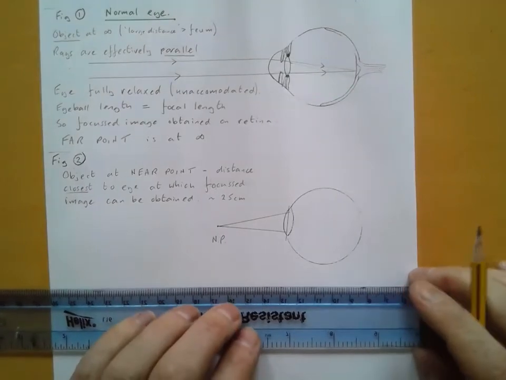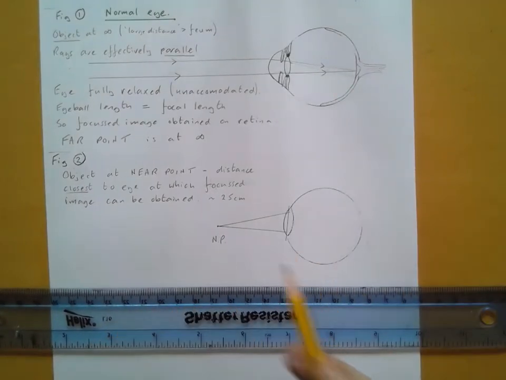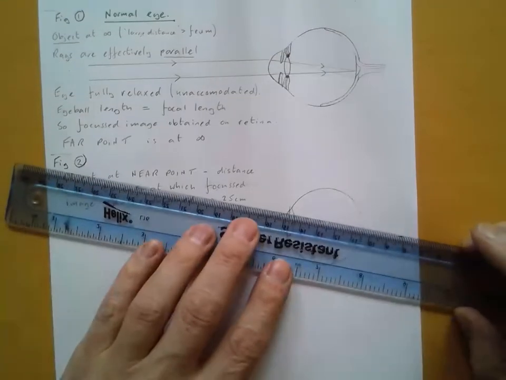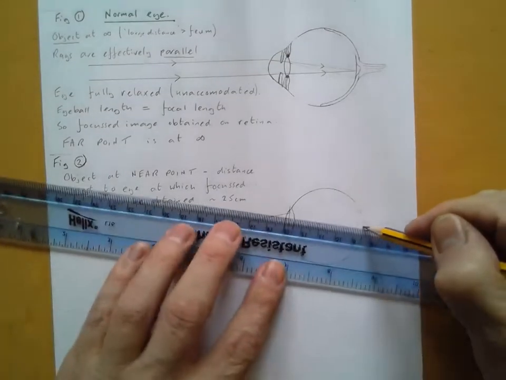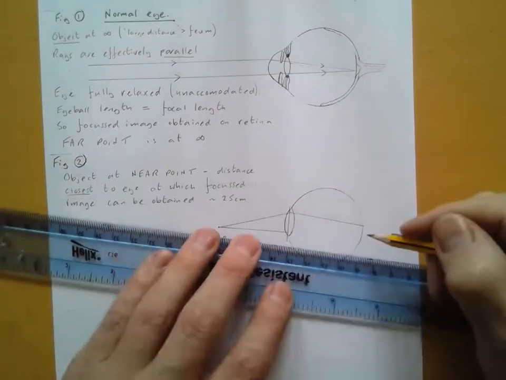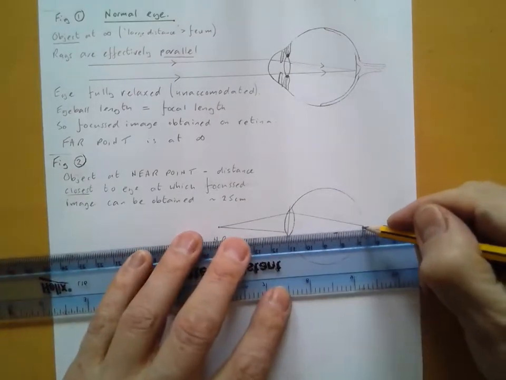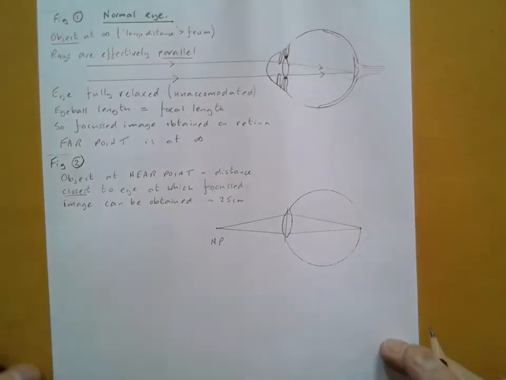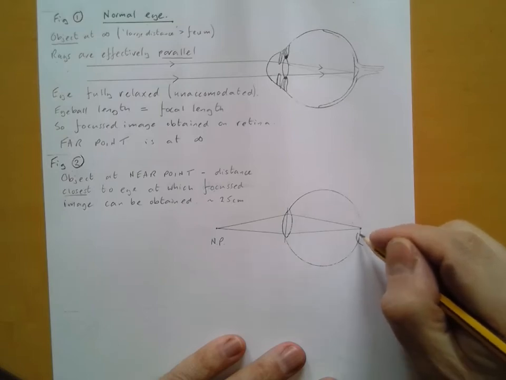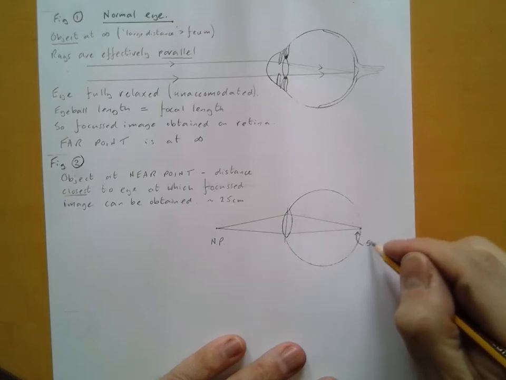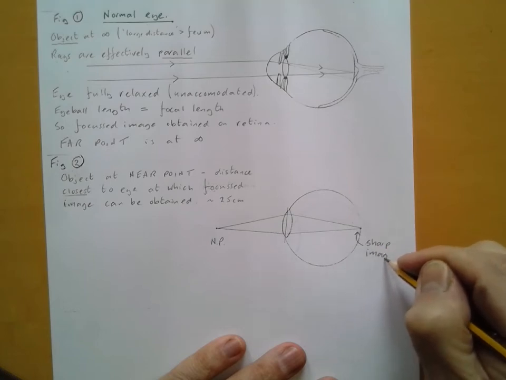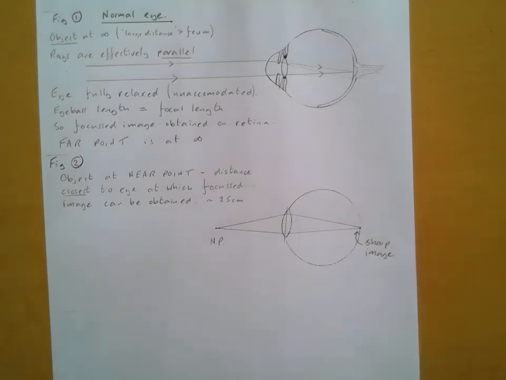That reduces its focal length, and that makes it possible to converge rays which are diverging when they reach the lens so that they actually meet at the retina. And if that's the case, we will then see a sharp image on the retina.